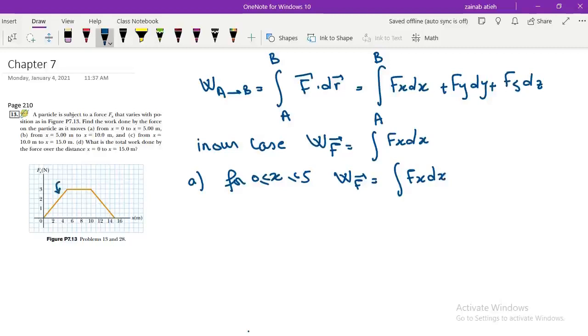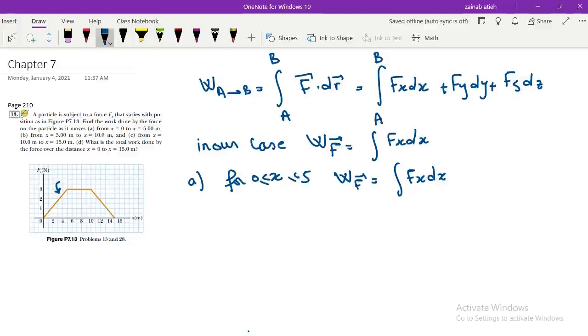It's simply a straight line passing through the origin. So I find the slope, then I write Fx equals ax. When I substitute Fx by its value, I get the integral of ax dx. I integrate simply and I find the answer, and my x varies from 0 till 5. Don't forget the boundaries, okay?